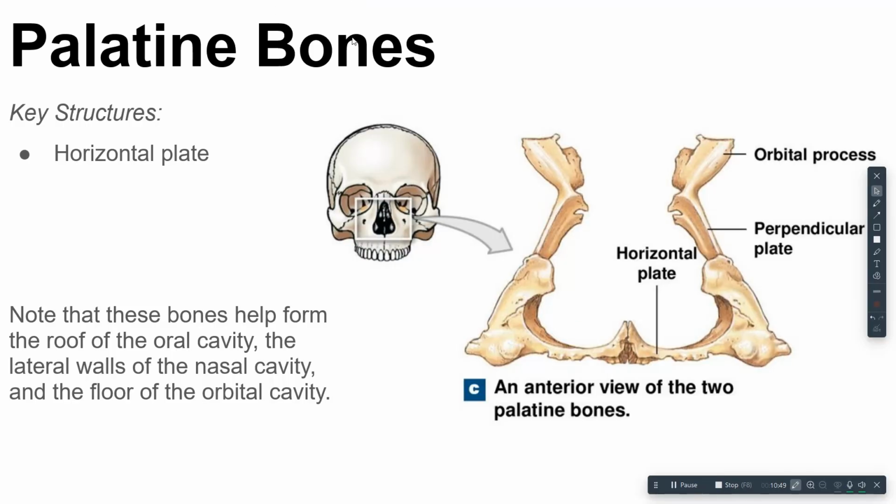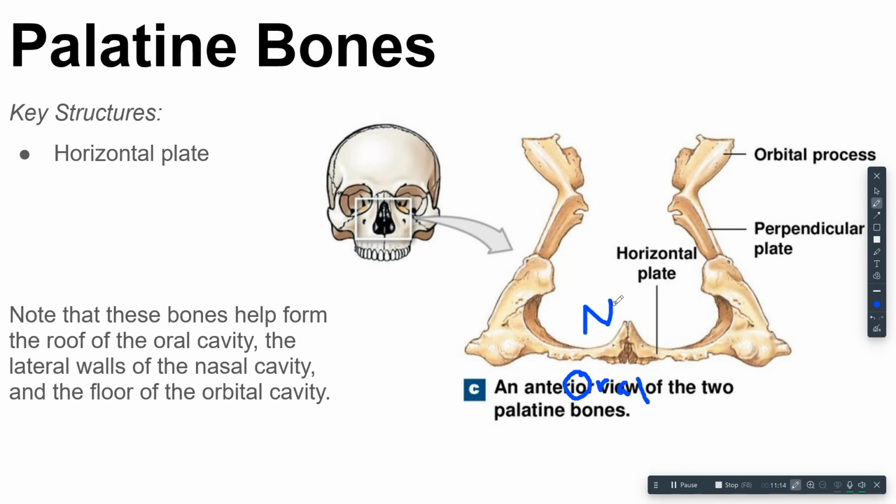Now we got the palatine bones. I see both palatine bones here. They look like a forward and a backwards L meeting, kind of like a fancy L meeting right there at that junction. So my 2 palatine bones are going to help form my oral cavity. So the oral cavity would be below them.